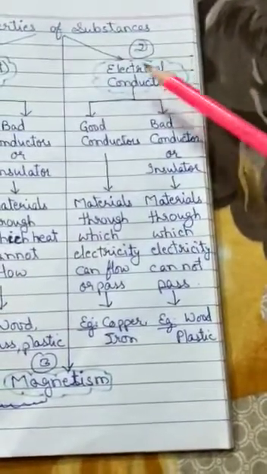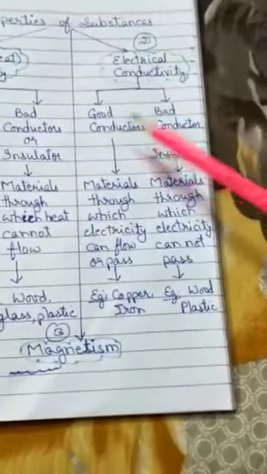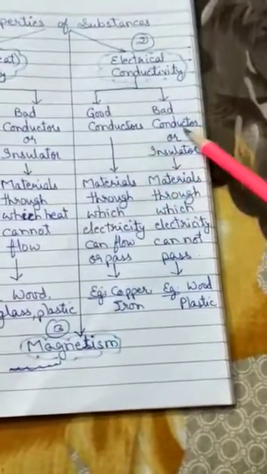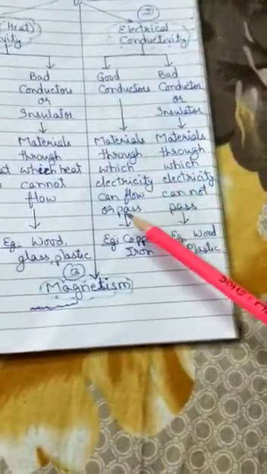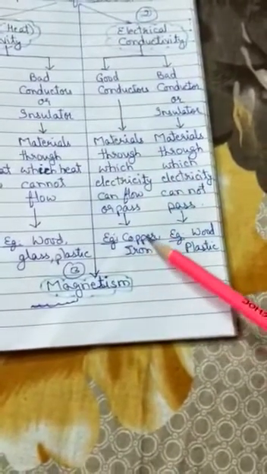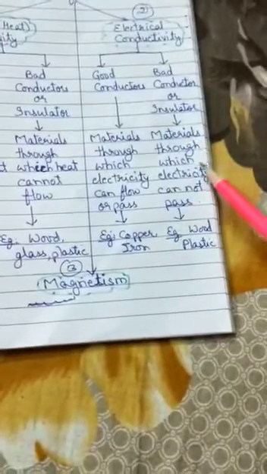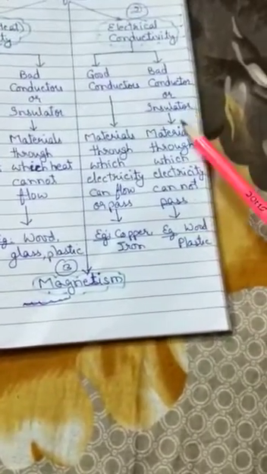Next is electrical conductivity. Electrical conductivity means electricity. These are also of two types: good conductors and bad conductors, or insulators. Good conductors are those through which electricity can flow or pass, like copper, coal, iron, and materials through which electricity cannot pass are called insulators or bad conductors, like wood, plastic.